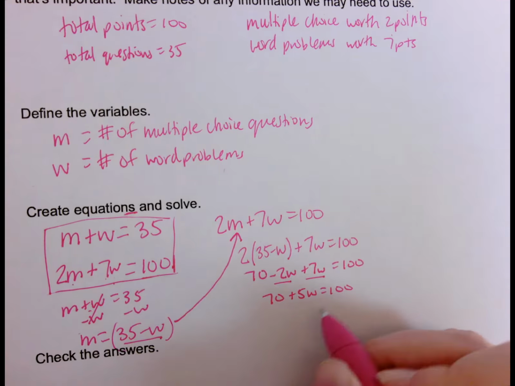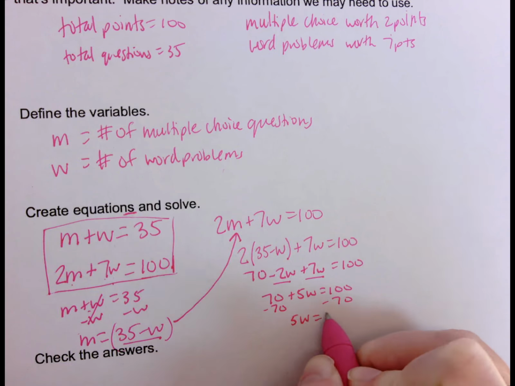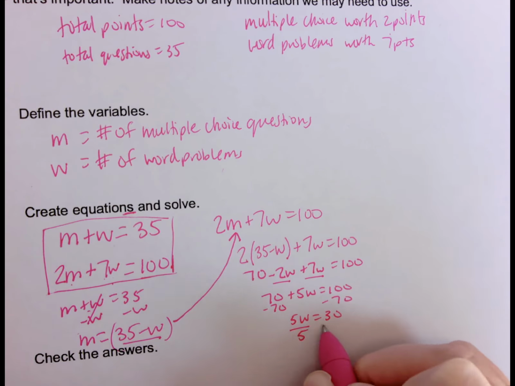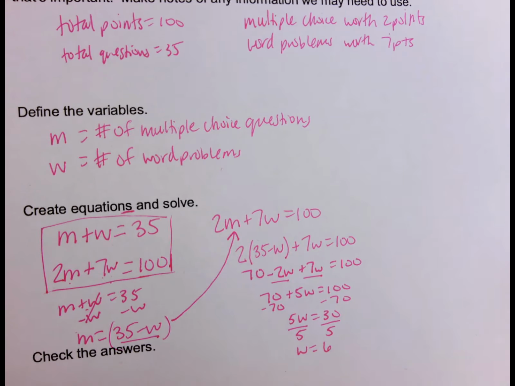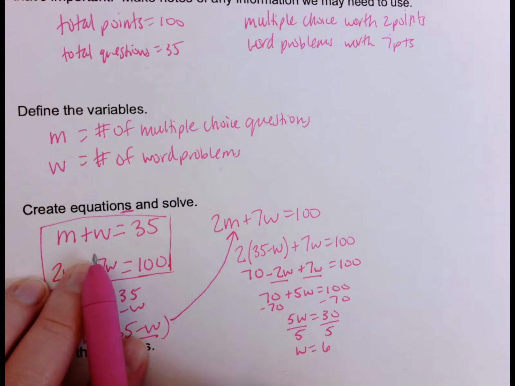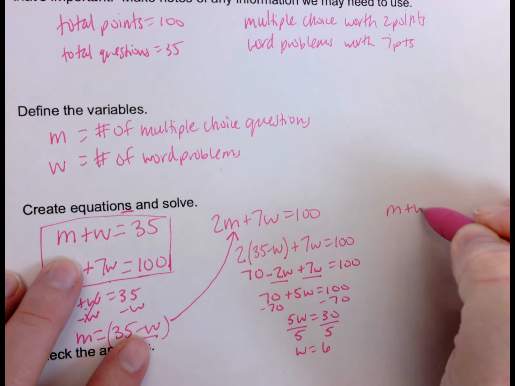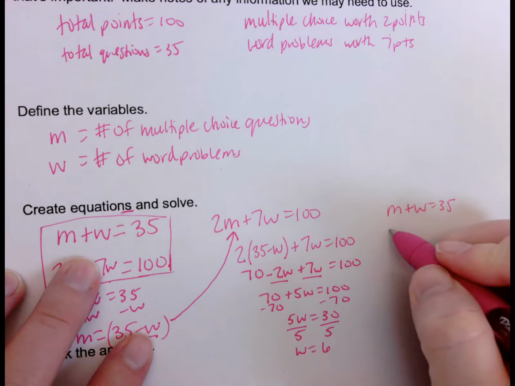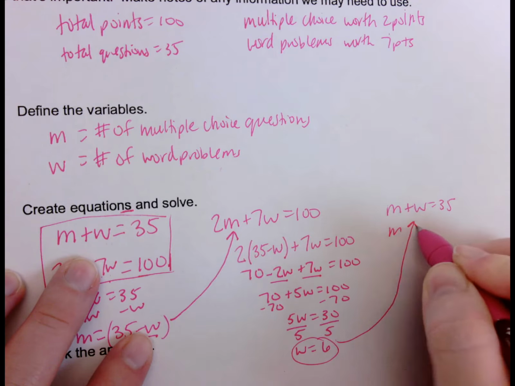And then I'm going to subtract 70, and I get 5W is equal to 30, and then I can just divide. And so I find out that W is the value of 6. Well, that makes my life a lot easier because now I can take that 6 for W and plug it back in up here. So M plus W is 35. So instead of W, I can plug it in right here.